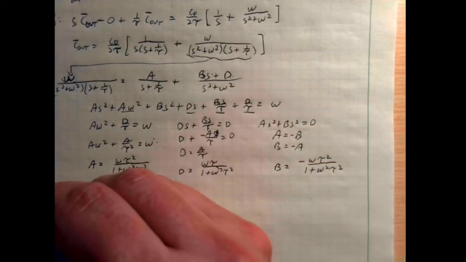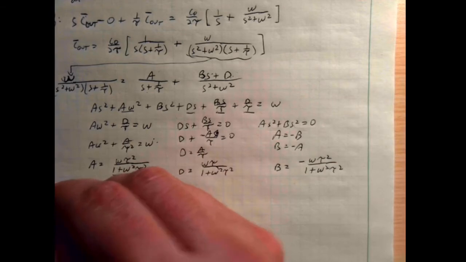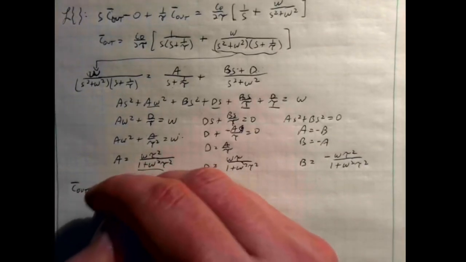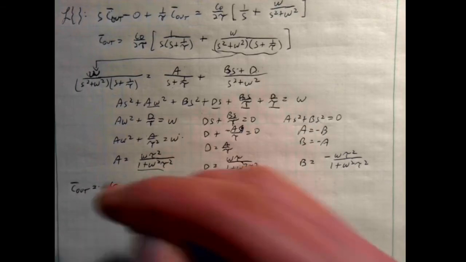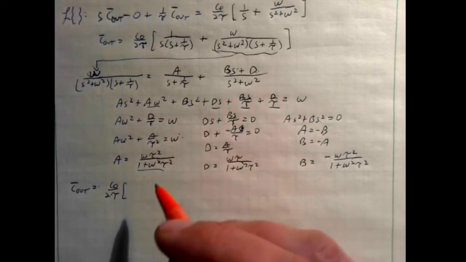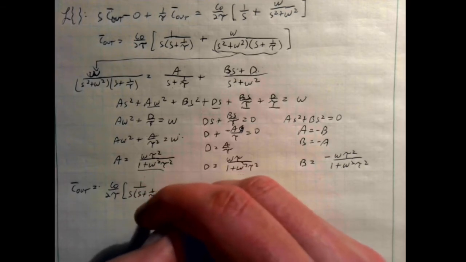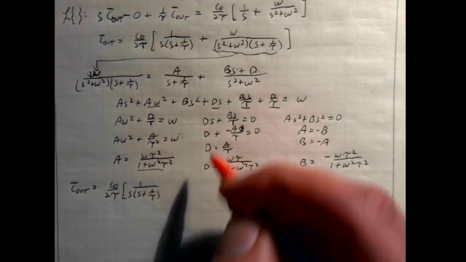I can go back to my equation here and rewrite this in a form that's a little bit more workable. I'm going to need lots of space, so I'm going to write this over here on the far left side. C out is equal to C0 over 2 tau times 1 over S times S plus 1 over tau. So I didn't do anything with that part.